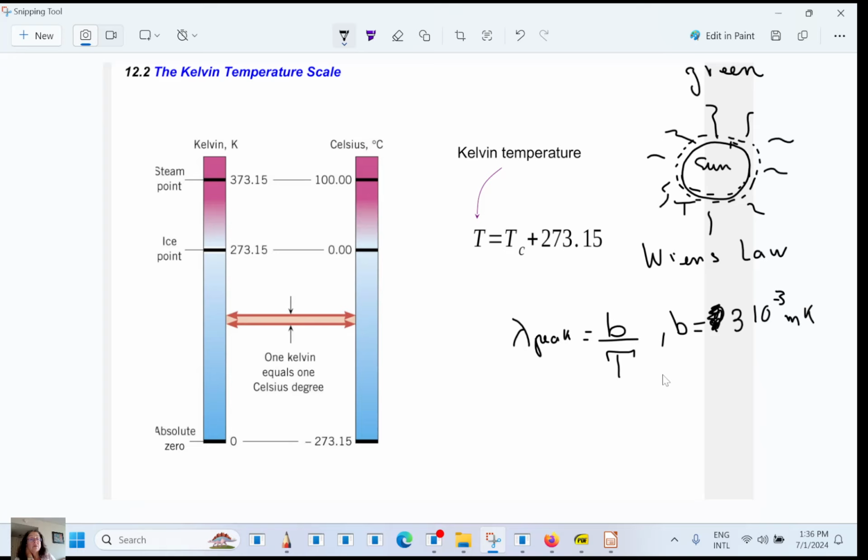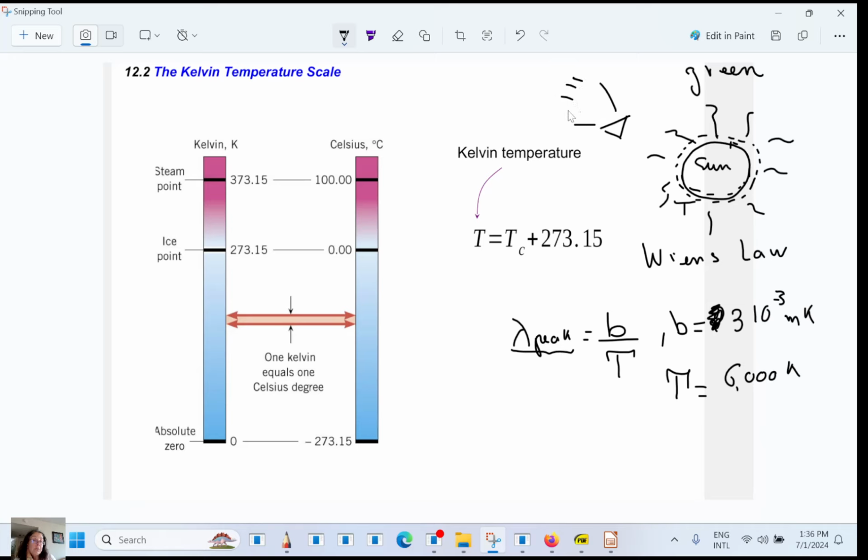So, and the temperature of the sun, let's say it's about 6,000 Kelvin. So the question is, can you find the peak wavelength of the sun? Okay, so it means you have light coming from the sun, and then you have the light going through a prism. So you're going to have a rainbow.